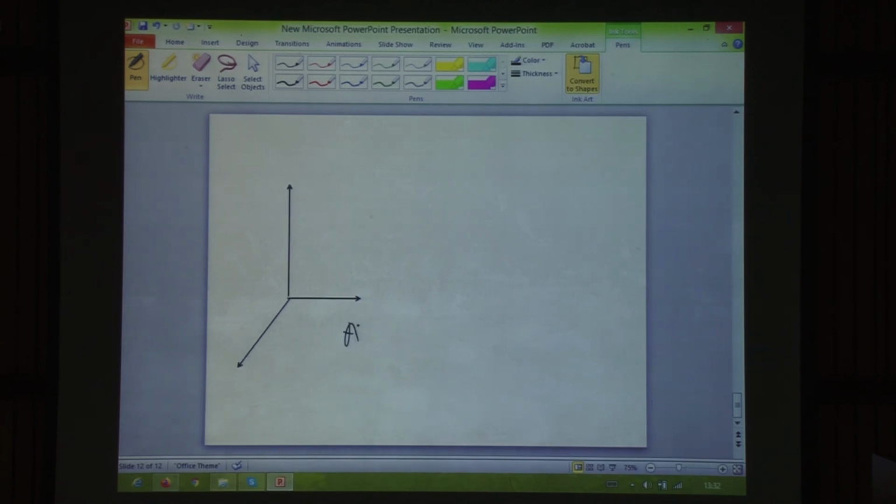So this is my frame A, and frame B is... this one is creating trouble.